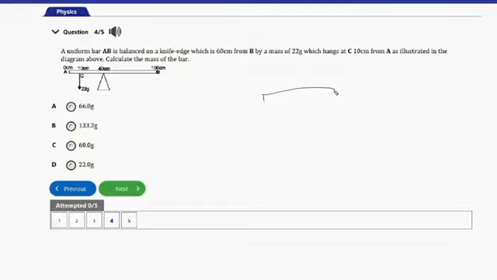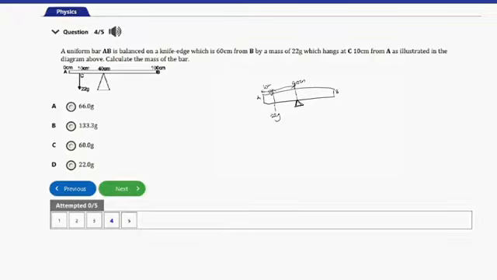So guys, we are going to draw this diagram first of all. So this is A and B, and then we have the knife edge at 40 cm. So we have this suspension of mass 22 grams at 10 cm from A. Now that we've gotten this, the next thing we are going to consider is the distance of the masses from the pivoting point where we have the knife edge.